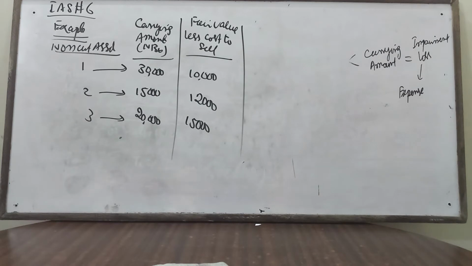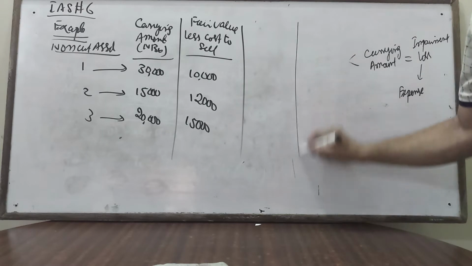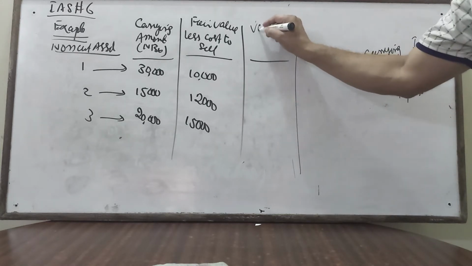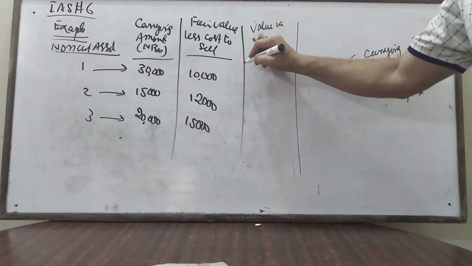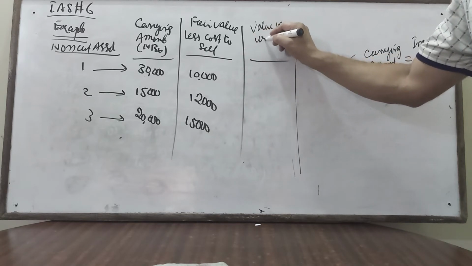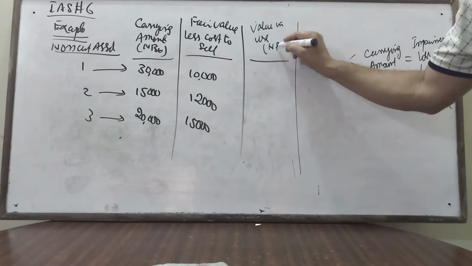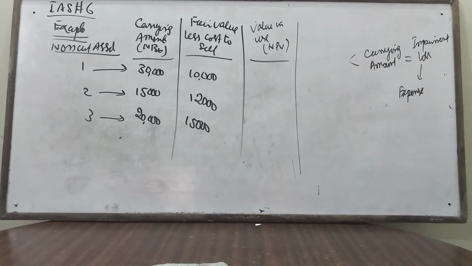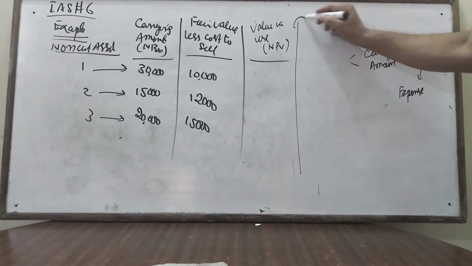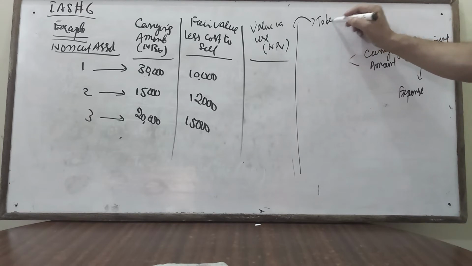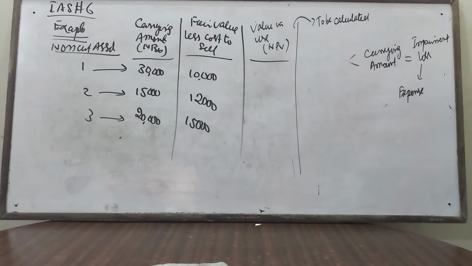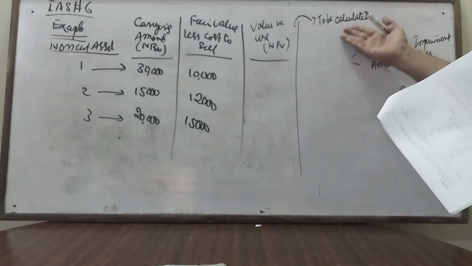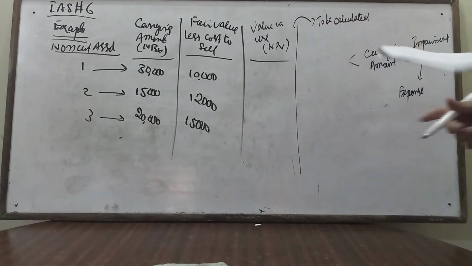The examiner can ask you to calculate value in use, which is the net present value, discounted at, for example, 10% or 5% given in the exam.